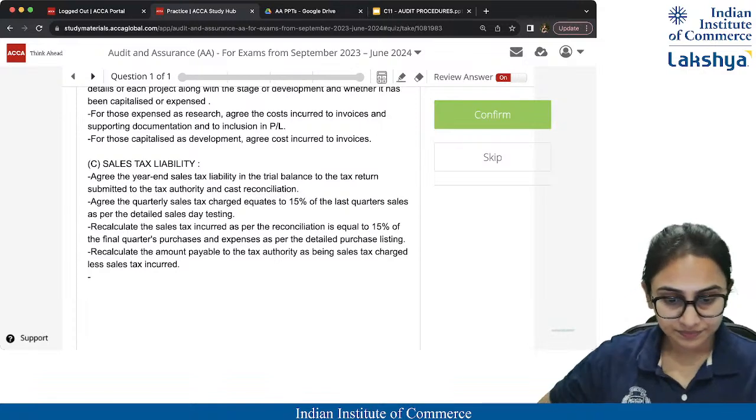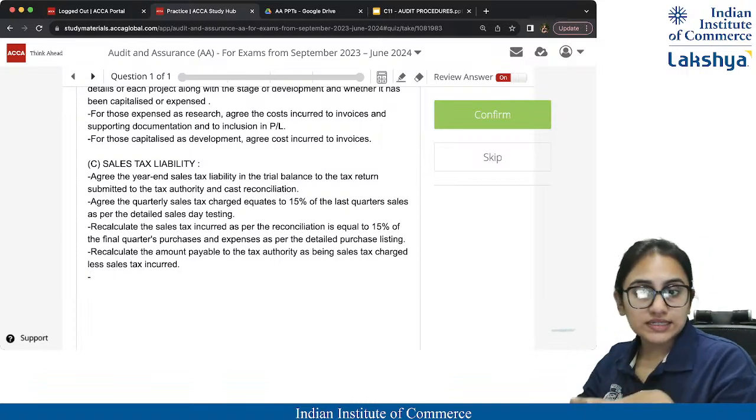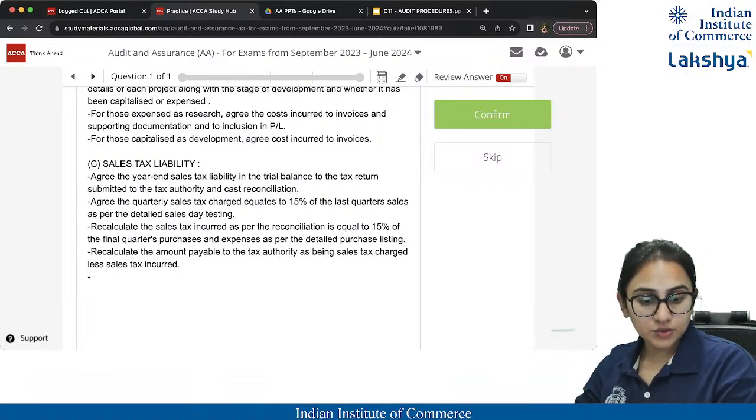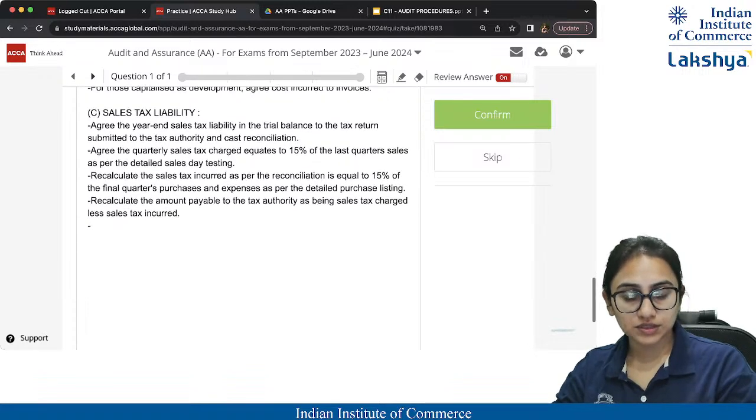Then whatever is this year's sales tax, you compare it with the prior year to see if there are any significant differences. Yes, analytical procedures.